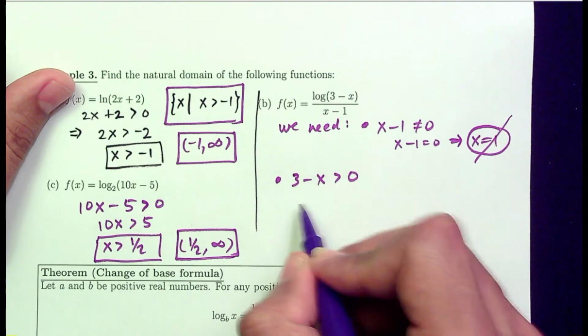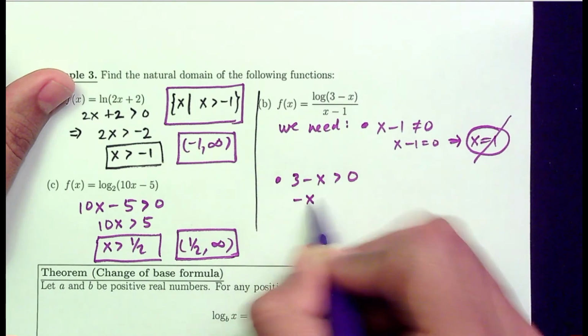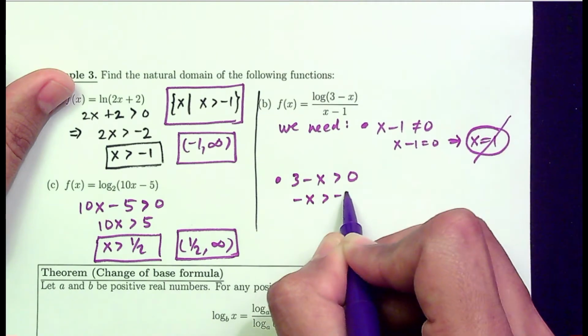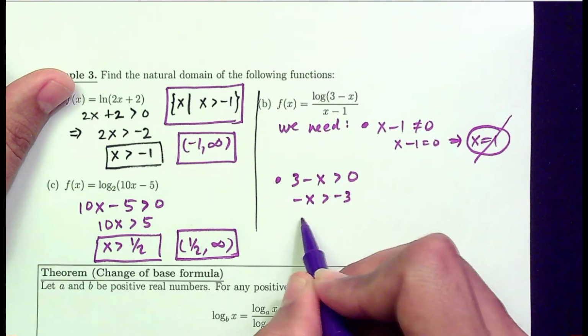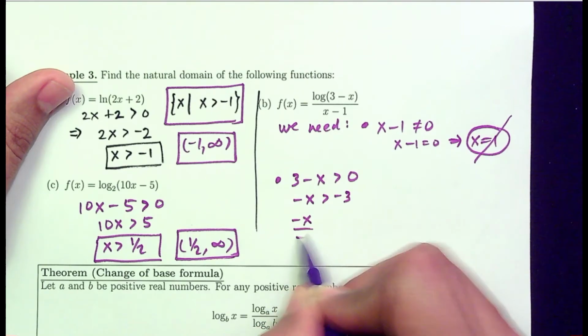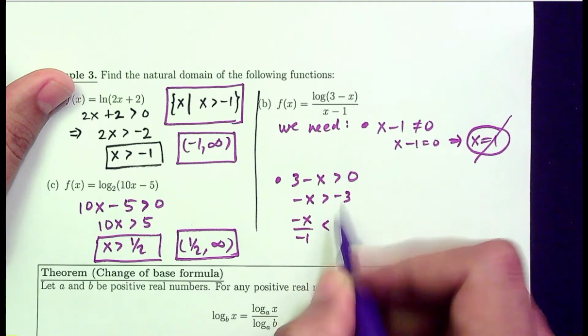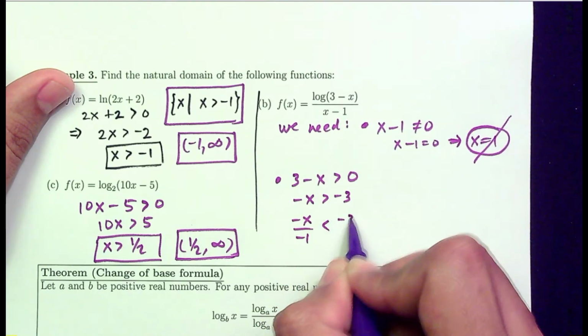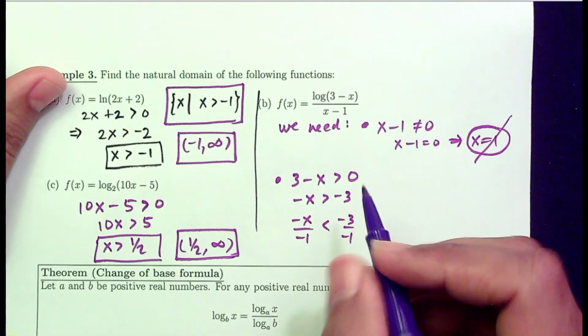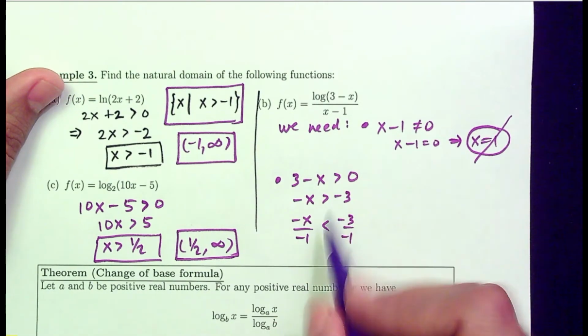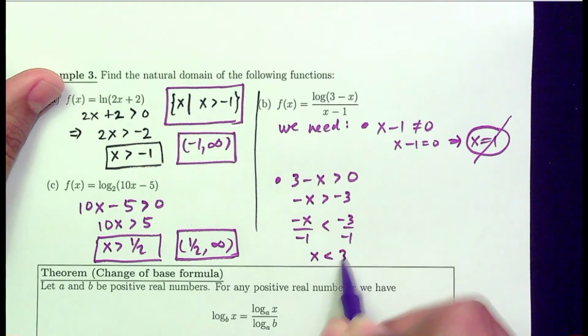Move the 3 to the other side and you're going to get negative x bigger than negative 3. And now divide by negative 1. Remember that when you divide by a negative number, the inequality sign is reversed. So you get x is less than 3.